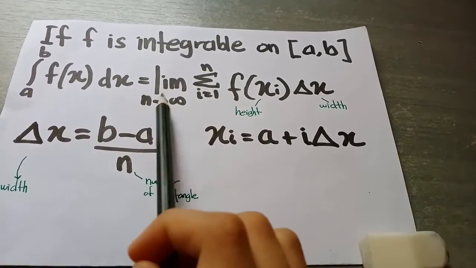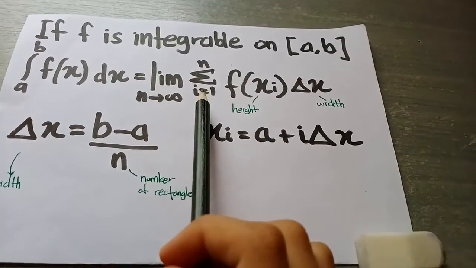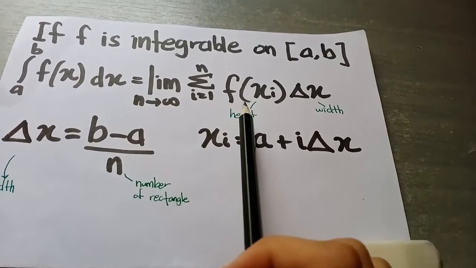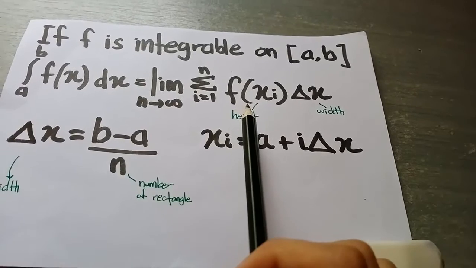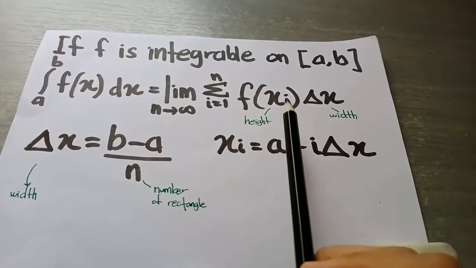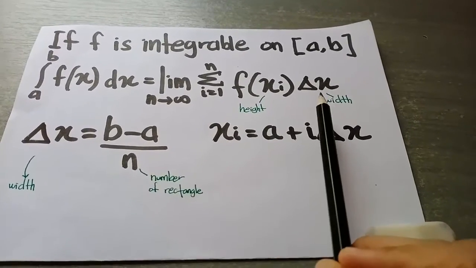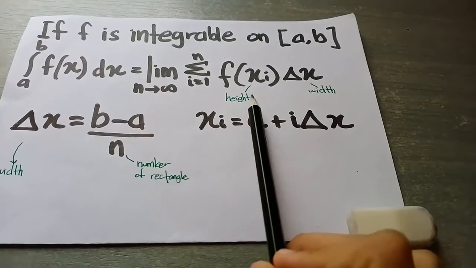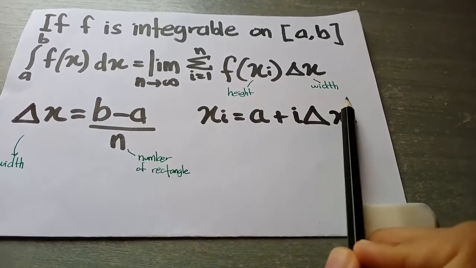As we know, this is the Riemann sum, and it is used to find an approximation of the area under a curve. f(xi) is the height, and delta x is the width, of a rectangle.